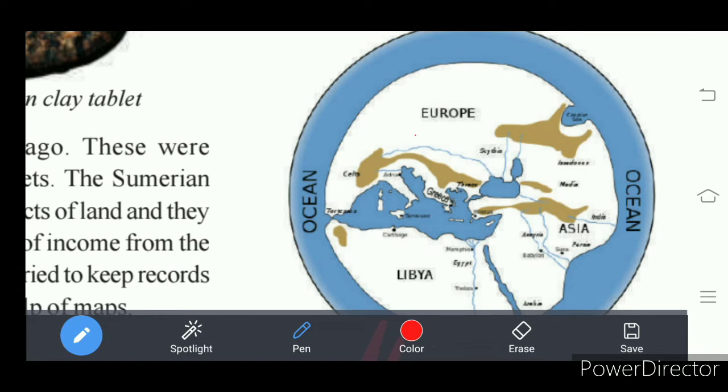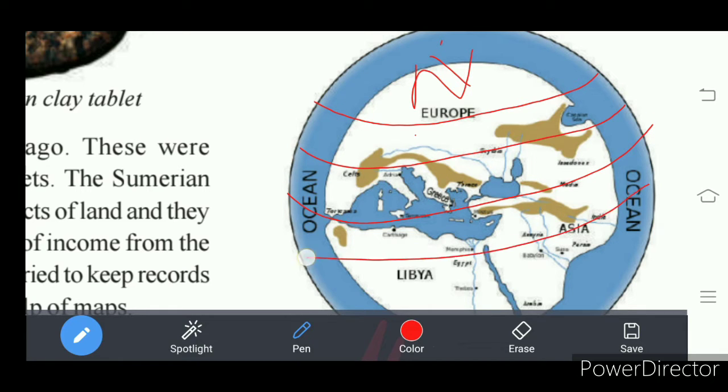This is the earth, here it is north. So lines drawn horizontally across the globe are called latitudes. These all are latitudes.